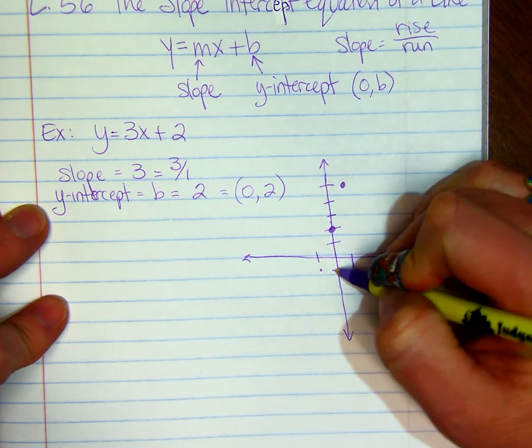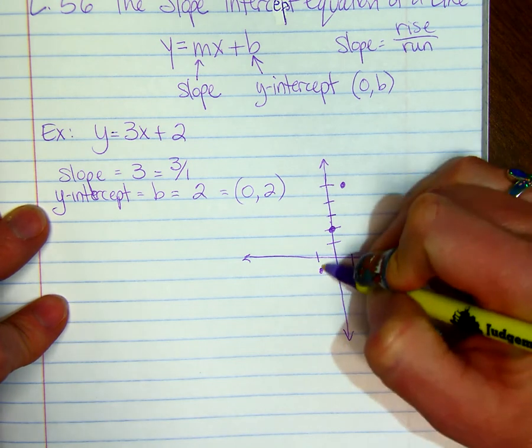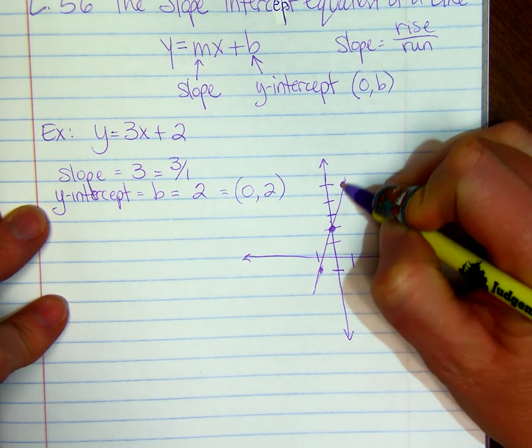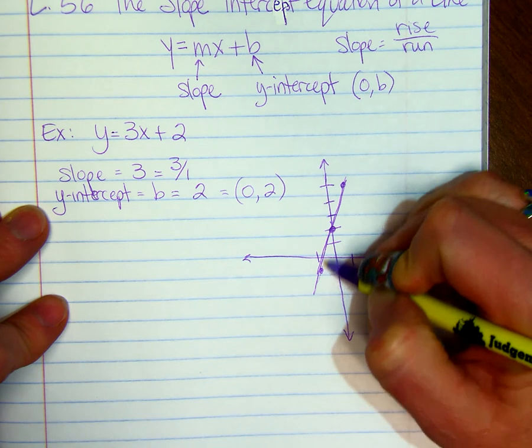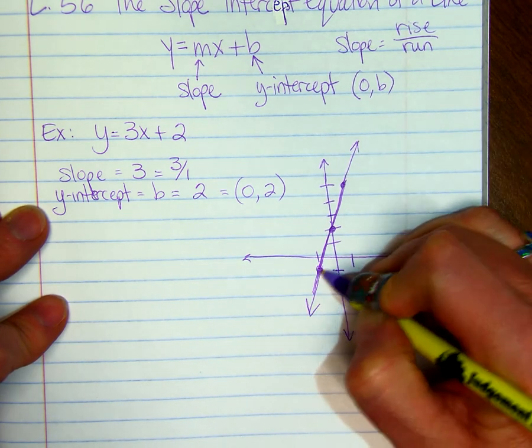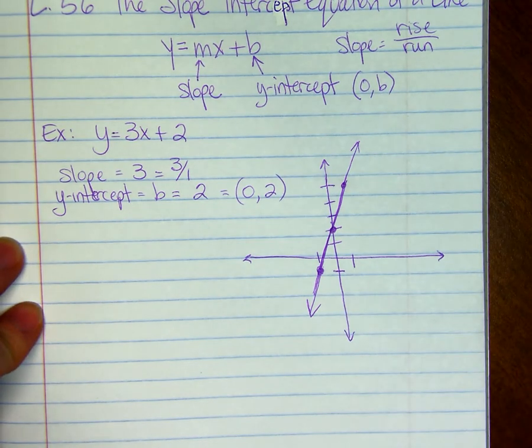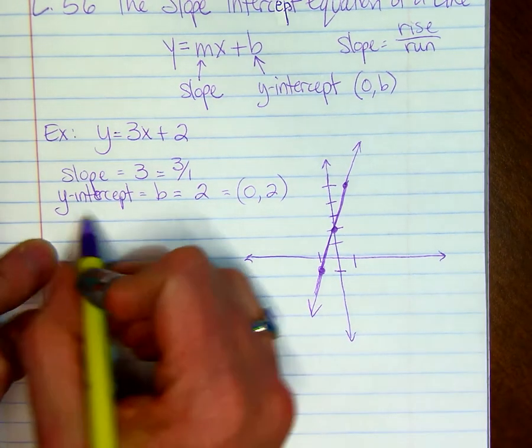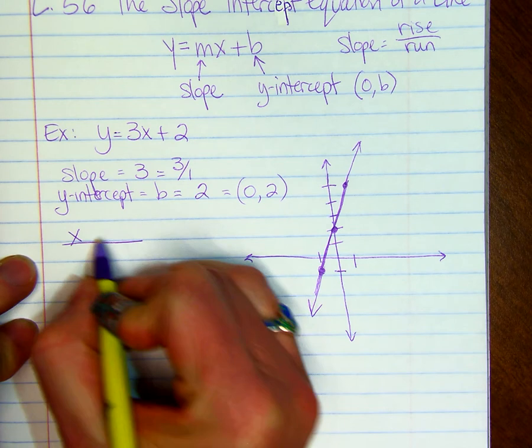If we went down 3 and to the left 1, that's also a slope of 3, since negative 3 divided by negative 1 is 3. And that's our line.